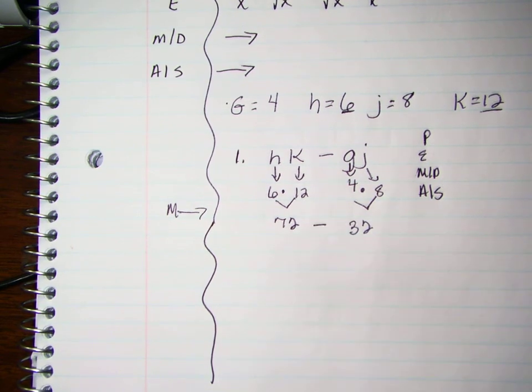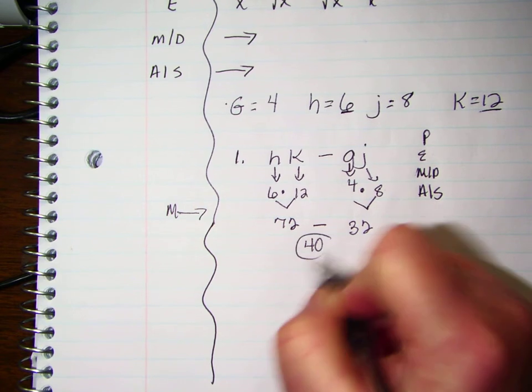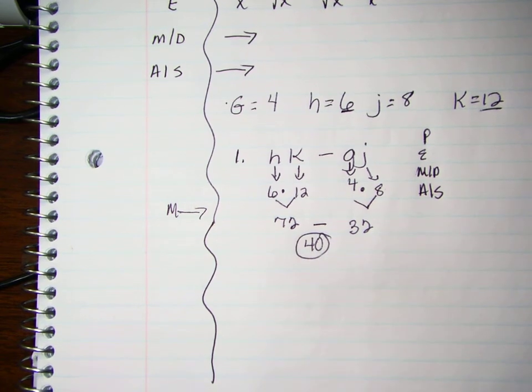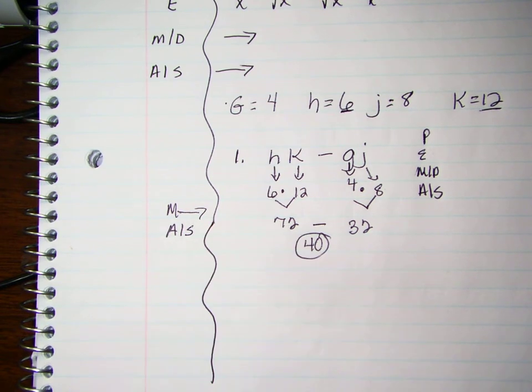Now we're going to subtract these two. 72 minus 32 is what? Good. Yay, you fixed it. 40. And 40 is the answer to this first one. We replaced the values and then we solved by PEMDAS, or the order of operations.